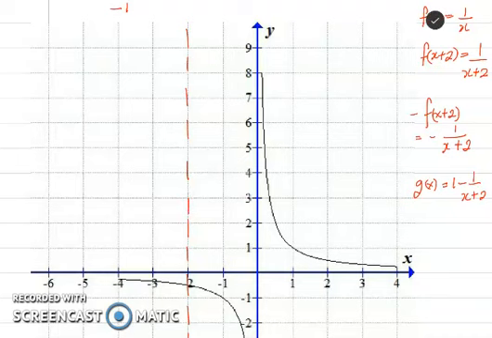Then the next thing I would do is reflect in the x-axis and then move the entire graph vertically 1 unit upward. So let's do that one point at a time. 1 unit upward means that the new horizontal asymptote is going to become the line y is equal to 1. So the asymptotes are changing because I both moved the graph to the left and vertically upwards.